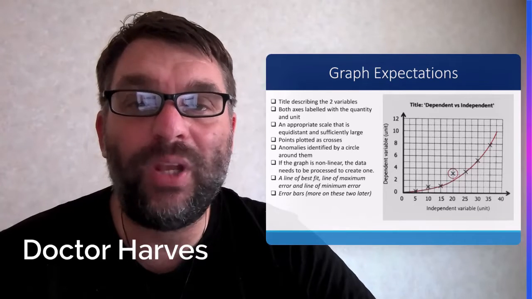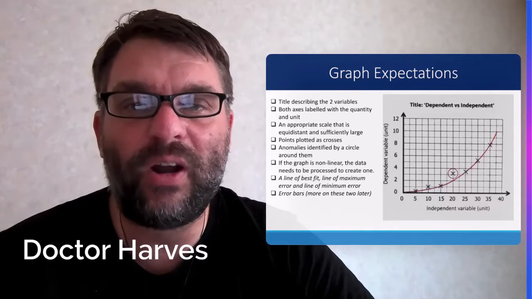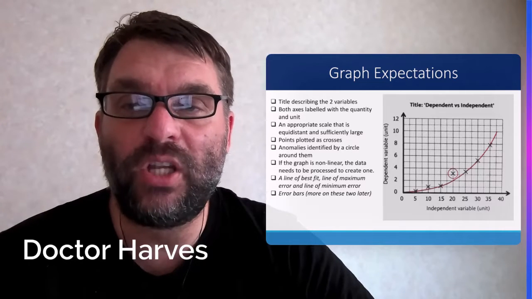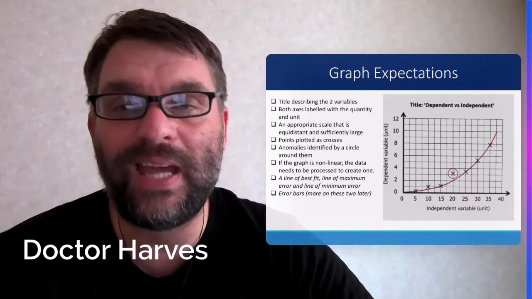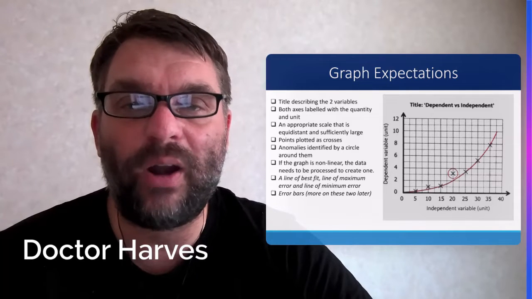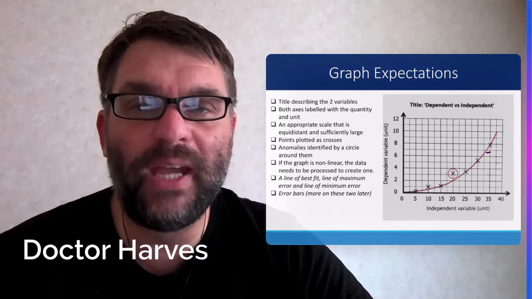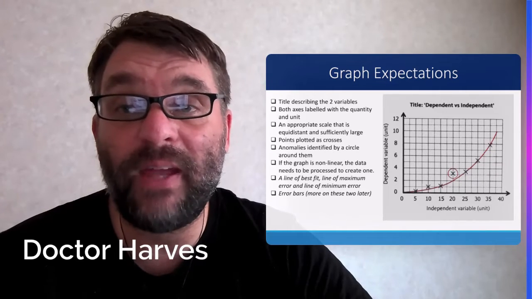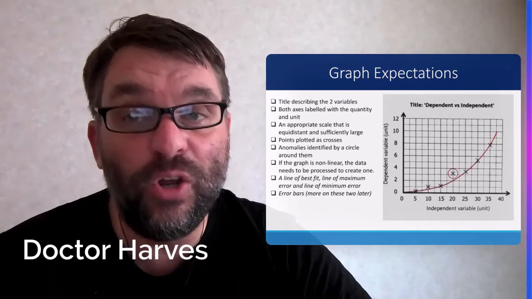If the graph is nonlinear, which is what you're going to get for the first graph, the data needs to be processed to create one. So that's going to be the processing of the data which we put in the table, and also to generate your second graph. And in both cases, you'll need a line of best fit. For the first graph, that might be an appropriate curve.